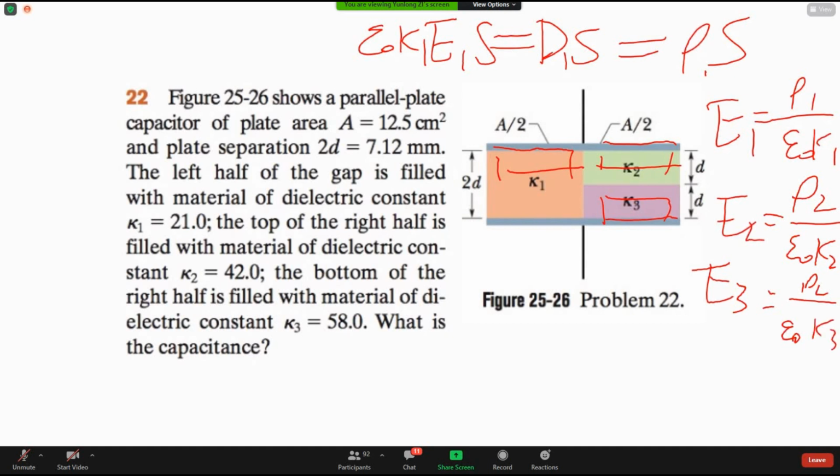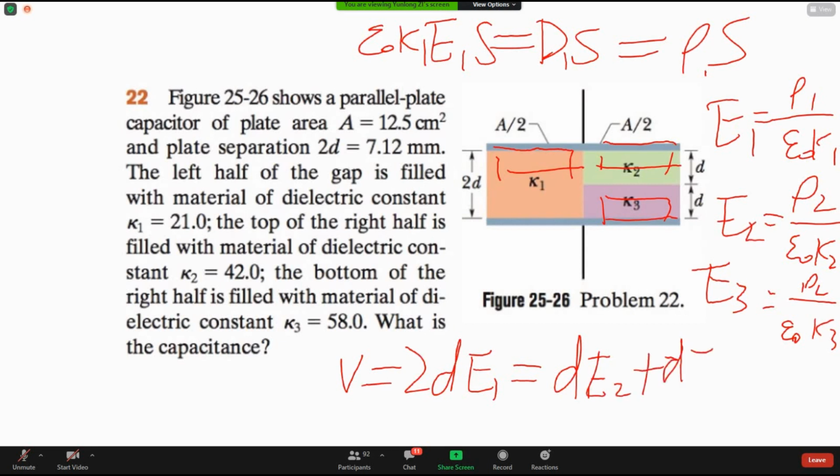And the total voltage equals 2dE1, which equals dE2 plus dE3. So you can solve for the relationship between sigma 1 and sigma 2.